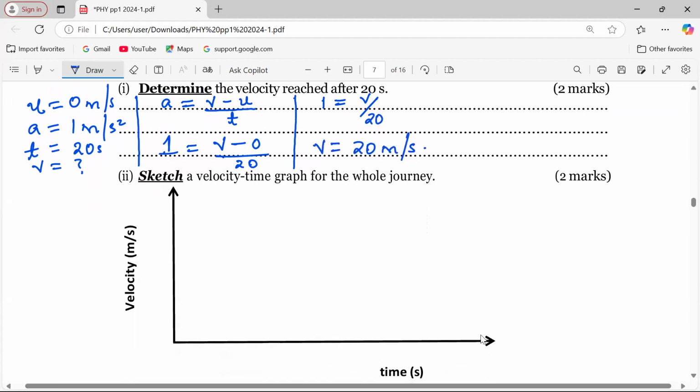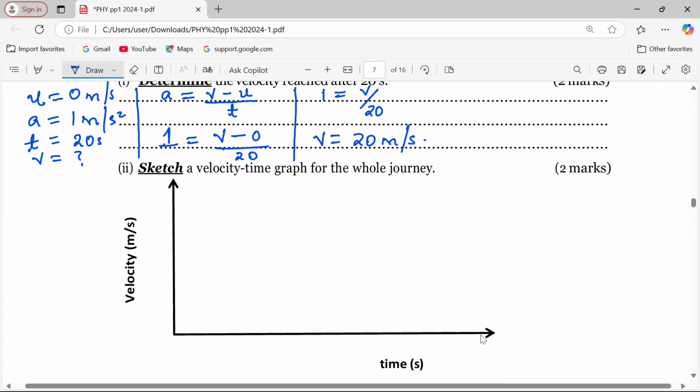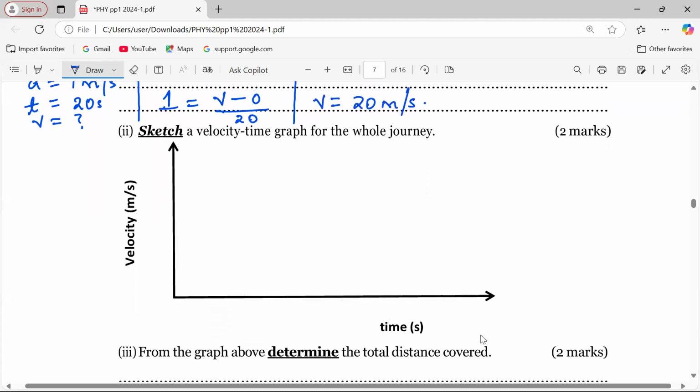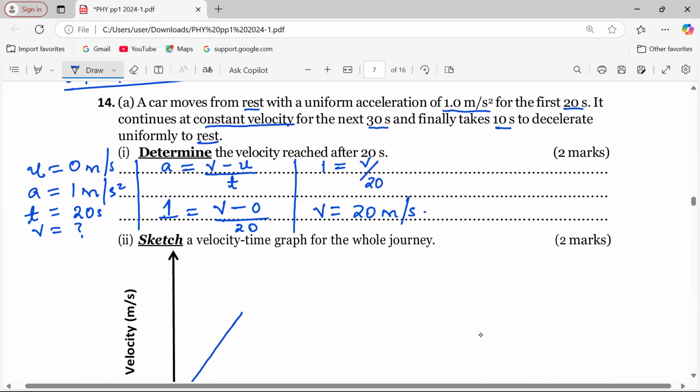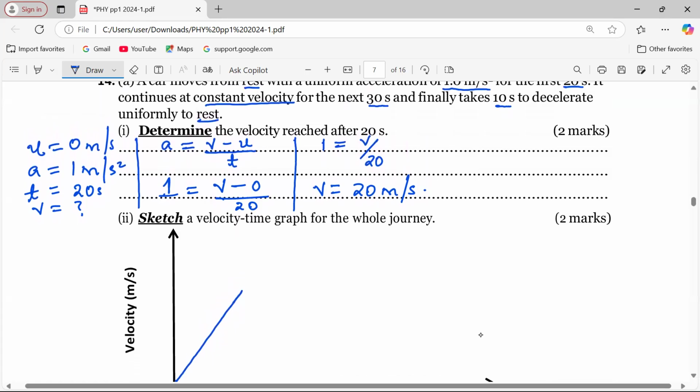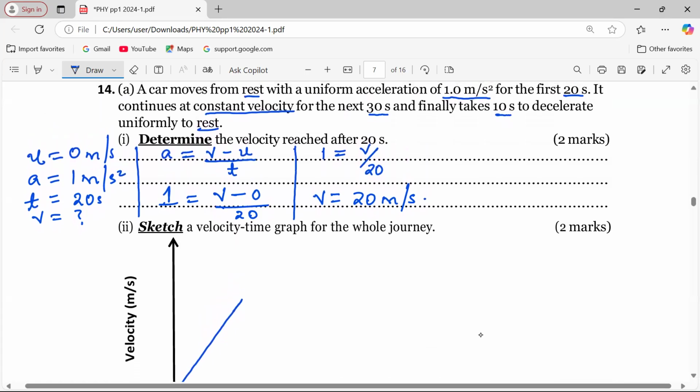Part 2. Sketch a velocity time graph for the whole journey. In a velocity time graph, there is first an acceleration, whereby the object is moving uniformly with a certain acceleration for the first 20 seconds. Then we are told that for 30 seconds, the car is going to sustain the uniform velocity attained.